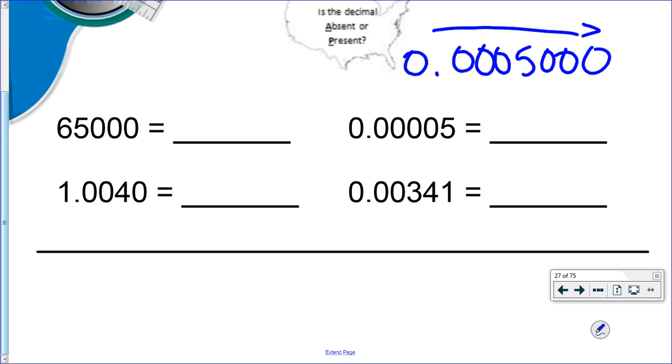I still write my arrows, and that helps me. Do I count the zeros? No. Where do I start counting? At the 5. So does this count? Do my other zeros count? No. So how many sig figs do I have? 4. I have 4 sig figs.